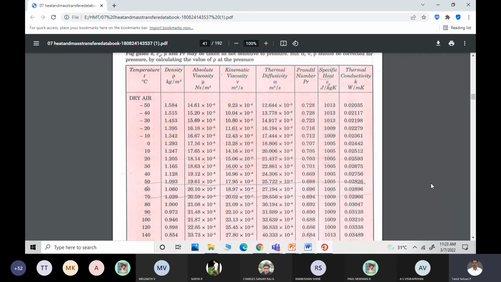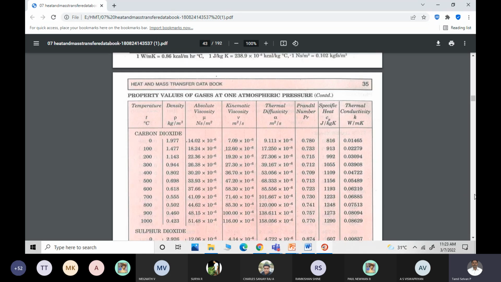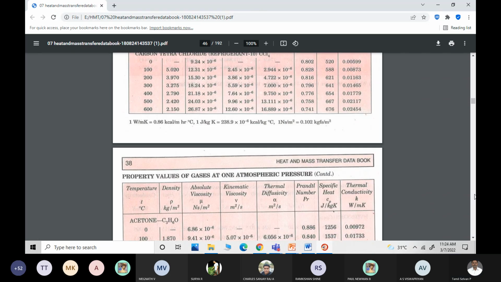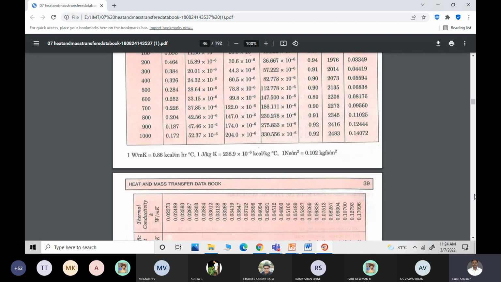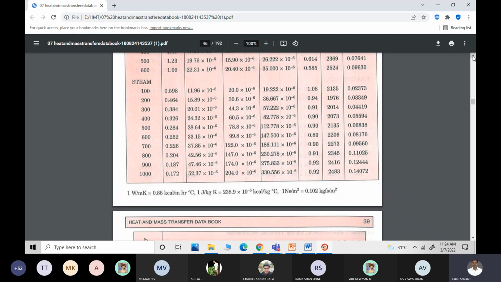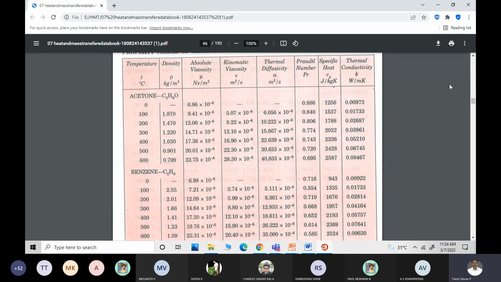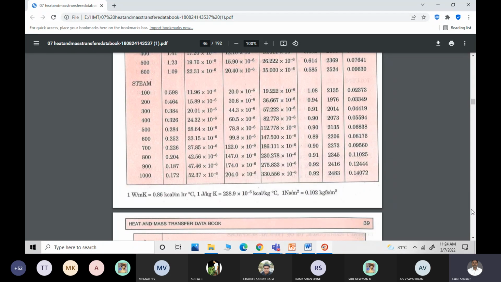In case of internal flow also, as I already told you, in internal flow problems liquid sodium may be given. You can see here the properties of gases. Sometimes steam will be given, steam at 200 degrees C. Again you can see the steam properties: what is rho, mu, nu, alpha, specific heat capacity.